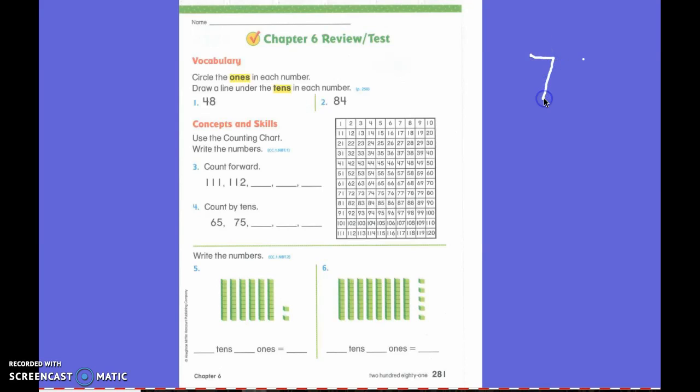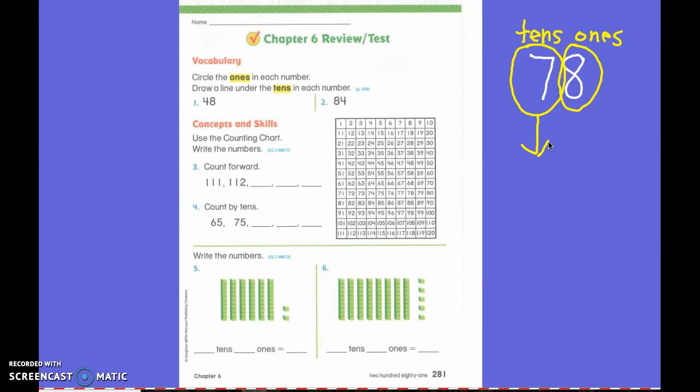So if I have the number 78, I know that the number on the left is always going to be the tens. You guys are exactly right. And the number on the right is always going to be the ones. Then it tells me how many tens I'm supposed to write.